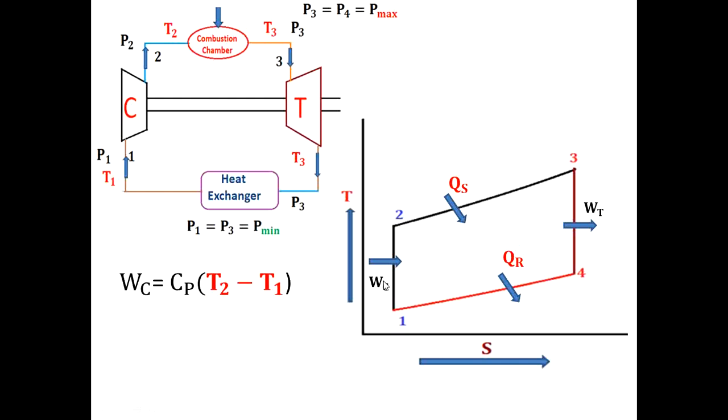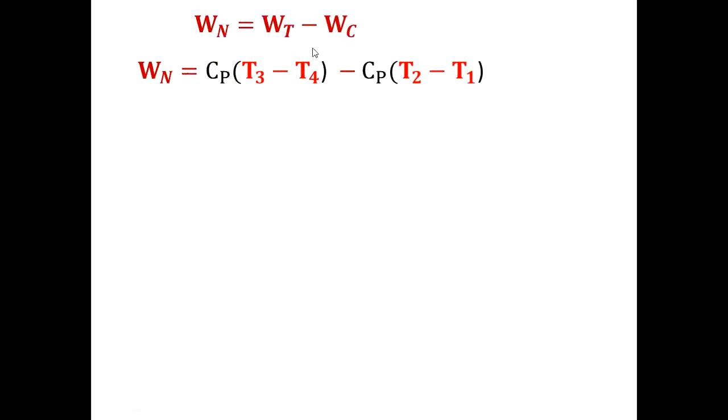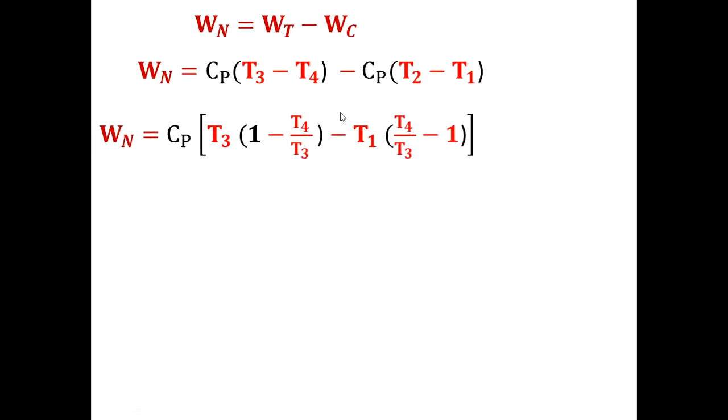Compressor work W compressor is given by Cp of T2 minus T1. Turbine work is Cp of T3 minus T4. Next, the net work of the cycle is turbine work minus compressor work: Cp of T3 minus T4 minus T2 minus T1.